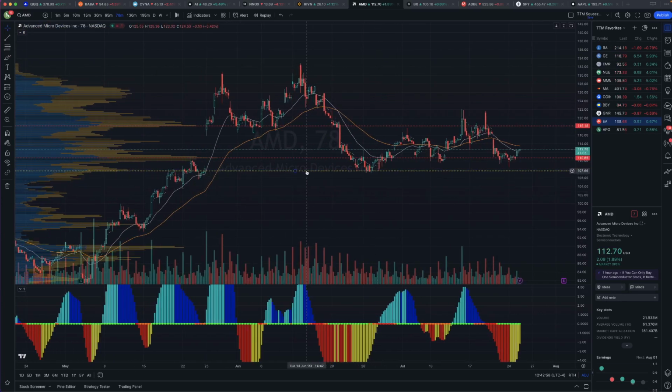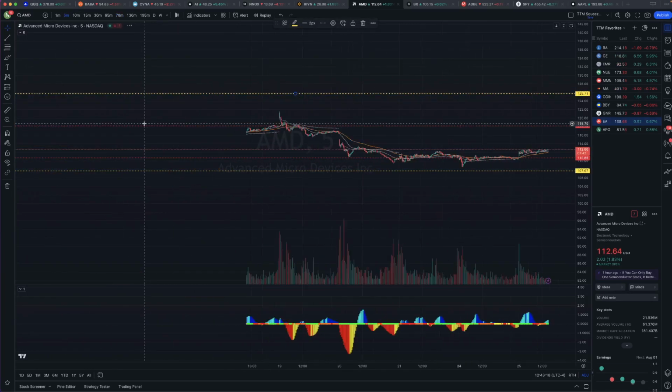So those levels are 107.66, 110.72, 118.19. We'll probably see a little bit of a stall, but less so, up into 125.71. So those are some key levels.